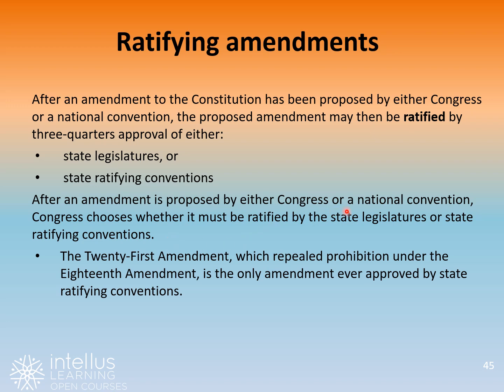The 21st Amendment, which repealed prohibitions under the 18th Amendment, is the only amendment ever approved by state ratifying conventions. So the majority of amendments go through the state legislature process, where 3/4 of the state legislatures have to approve the amendment.